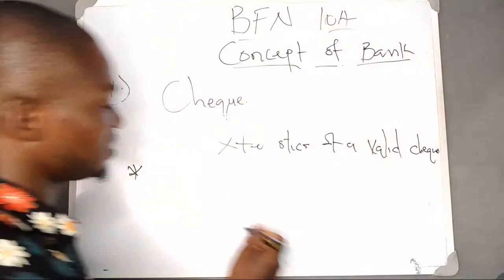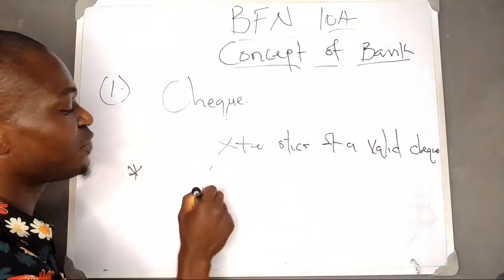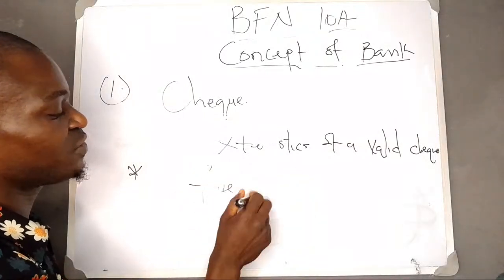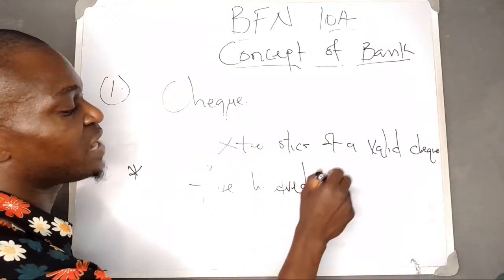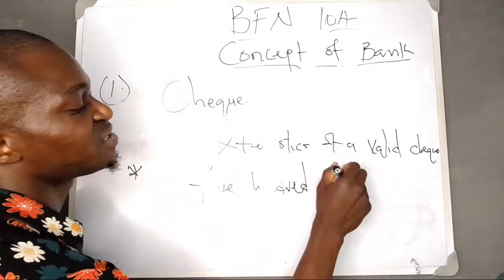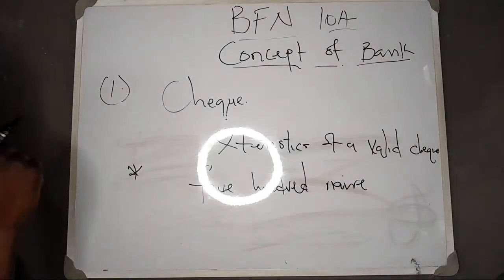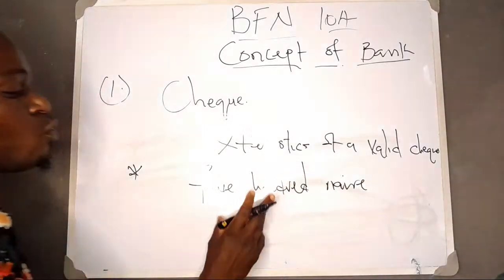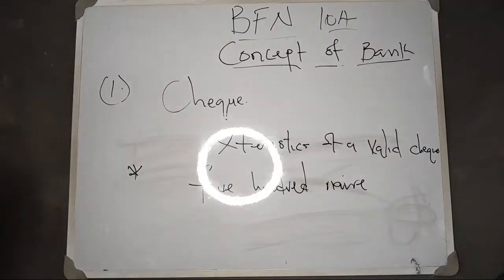Take for instance, if on the check the amount written in words is 500 naira, it simply means the amount written in figure must correspond with this amount written in words.